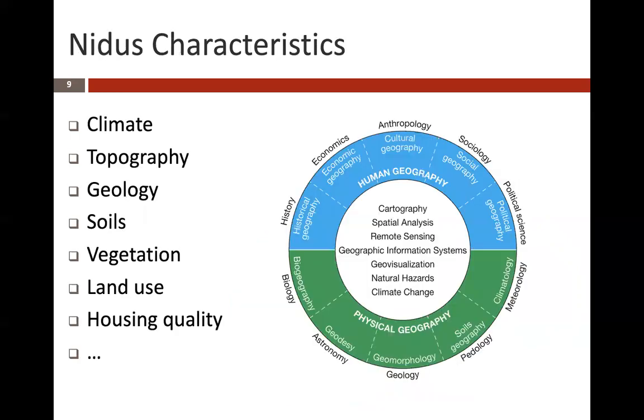The nidus essentially has certain habitat characteristics that work for the hosts, the pathogens, and the vectors. That includes things like climate, temperature, precipitation. That can include topography, geology, soils, vegetation, land use, housing quality.